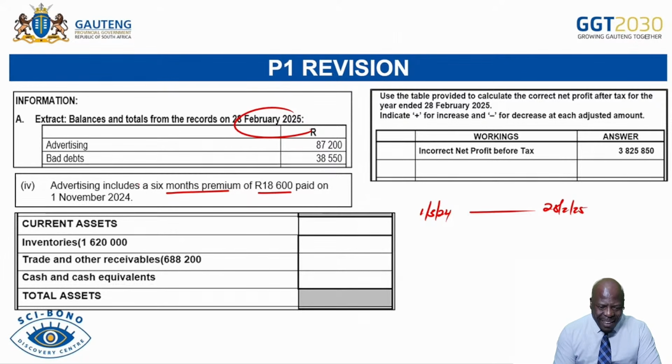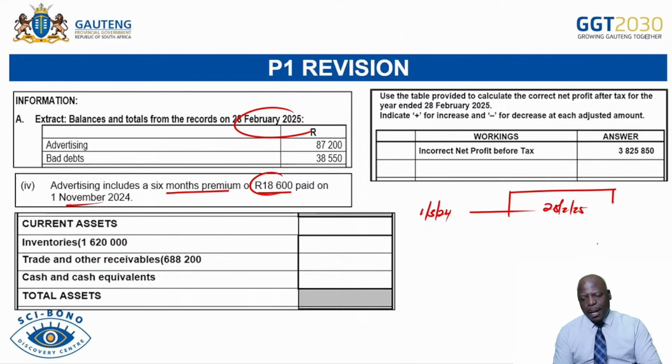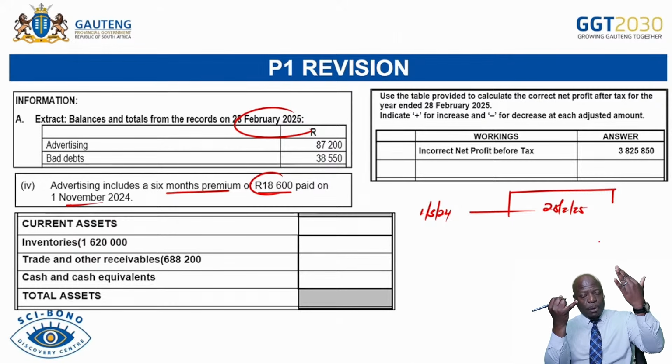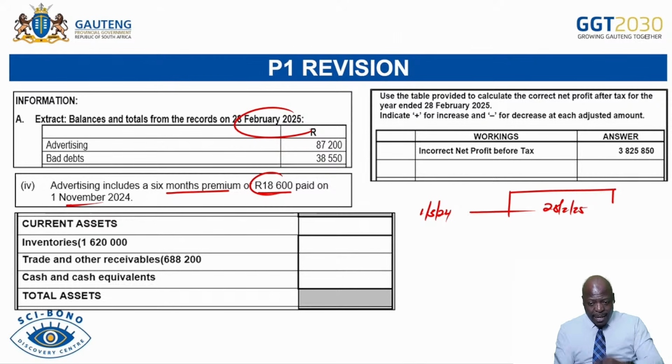And then we have a 6 months advertising premium, which is 18.6 paid on the 1st of November. So if we paid it on the 1st of November, 6 months after November, it will be November, December, January, February, March, April. So the 6 months end in April. That is 30th of April 2025.